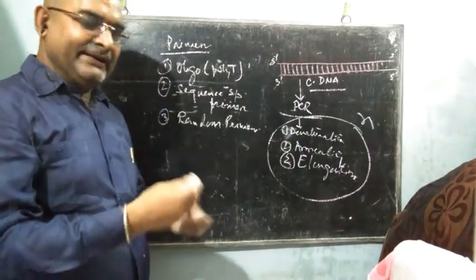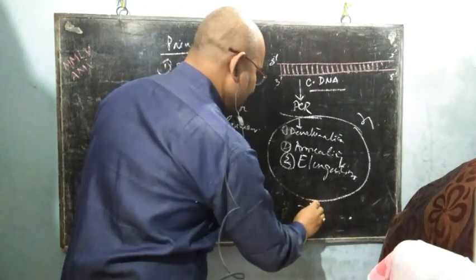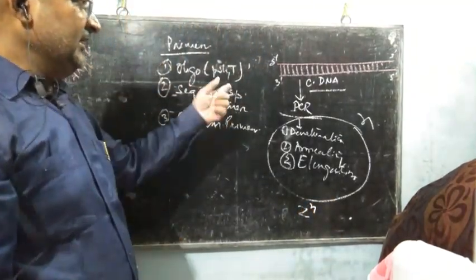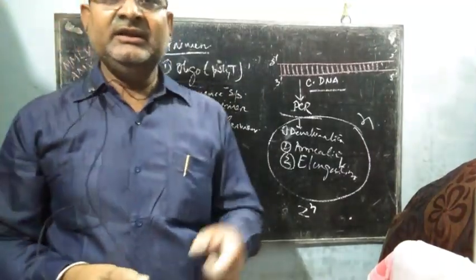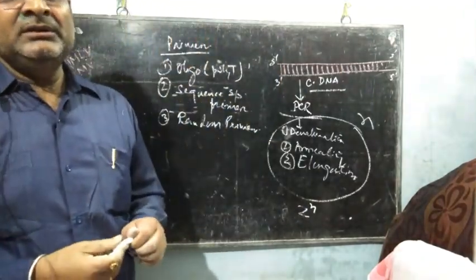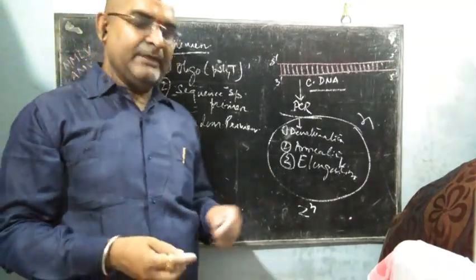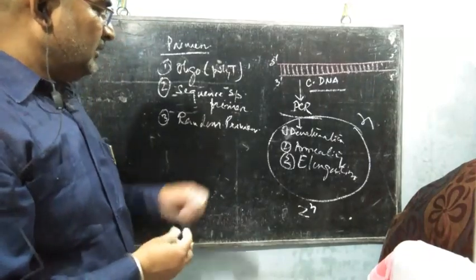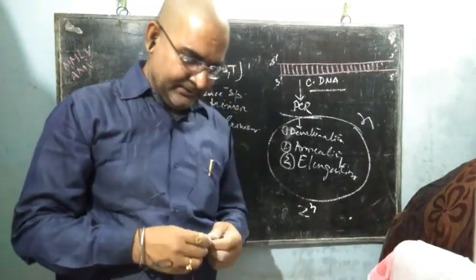And now we repeat the cycle, then we get the total number of DNA as 2 power n. In this way, we collected the large number of DNA of the desired sequence of the messenger RNA or the viral genetic material which we want to describe or analyze, and the complete process is referred as reverse transcriptase PCR.